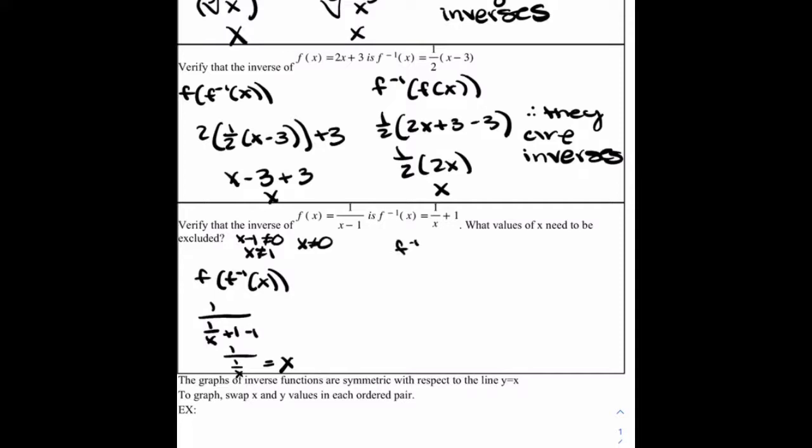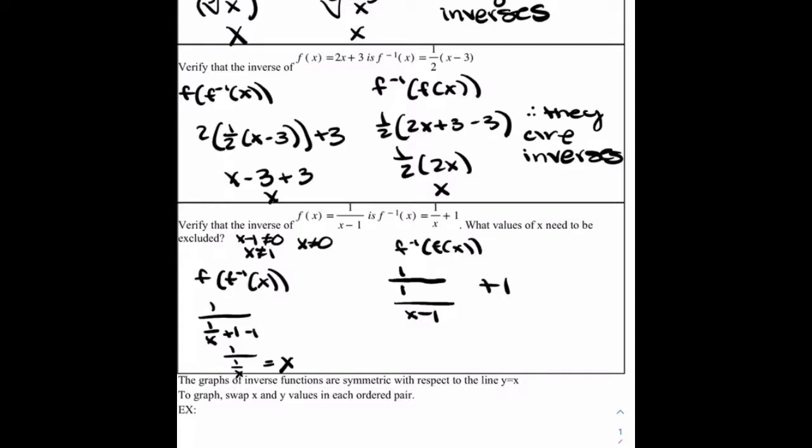Now we'll do f inverse of f of x. And so we have 1 over x minus 1, and then plus 1 on the outside. If we simplify this, we take 1 divided by 1 over x minus 1.